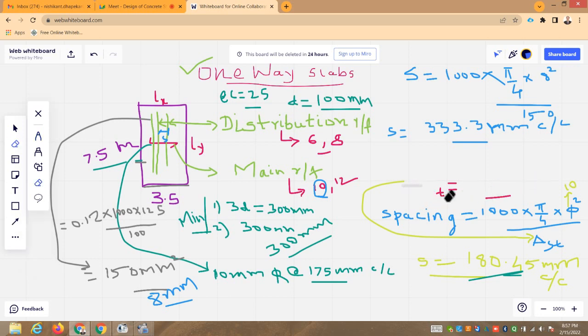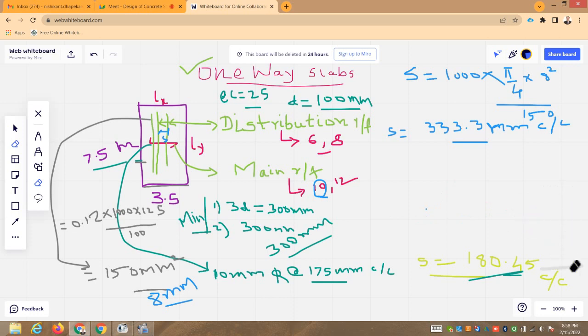Now you cannot provide without checking as per the IS code 300. No, you cannot provide like this. You have to check. What is AST, sir? AST is steel. We have calculated here minimum steel 150 mm square.